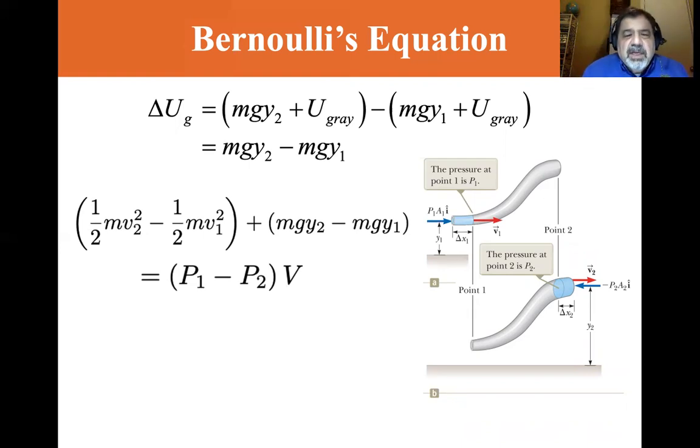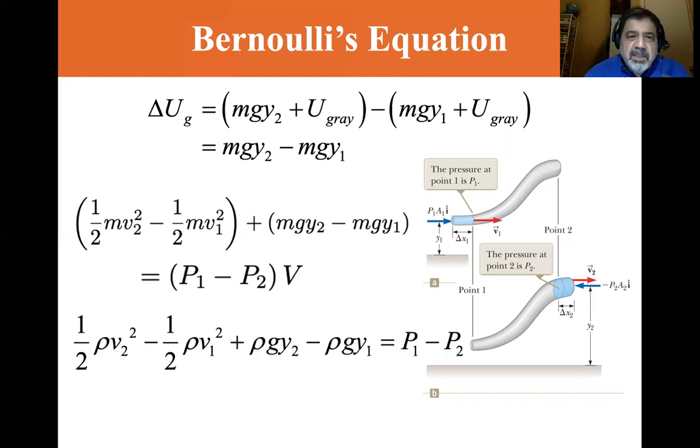Now let's divide both sides by the volume, and remember that mass divided by the volume is equal to the density. We'll get this equation: 1/2 rho v2 squared minus 1/2 rho v1 squared plus rho gy2 minus rho gy1 equals P1 minus P2.